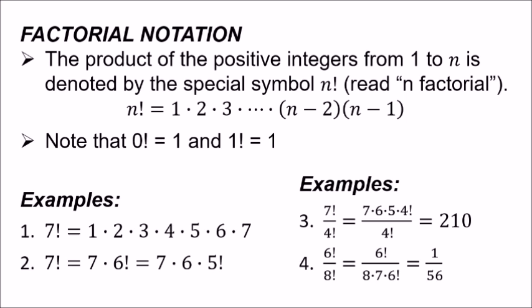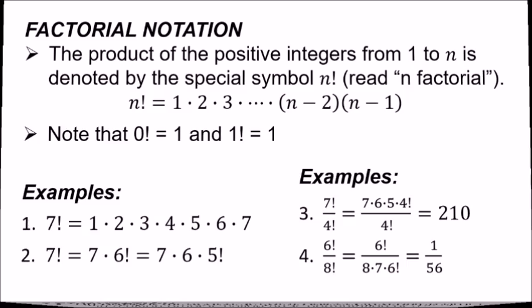But if you really want, pwede pa rin naman, no? Habaan nyo. Yung 6, gawin yung 6 times 5 times 4 times 3 times 2 times 1 if you want. But mas maganda, as short as possible yung ating solution. The answer here, cancel na yung 6 factorial sa numerator and denominator. So, ang matitira na lang is sa denominator na 8 times 7. Kaya 1 over 56 ay yung sagot.